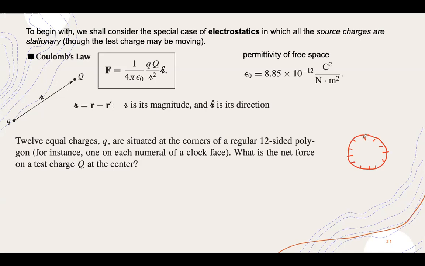The 12 equal charges of Q are sitting here. So this is also Q, here also you have Q, and so on. Now we wanted to calculate the net force on test charge Q, which is sitting in the center.